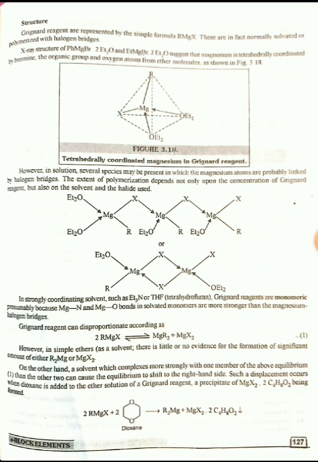Such displacement occurs when dioxane is added to an ether solution of a Grignard reagent, a precipitate of MgX2.2C4H8O2 being formed. The whole sequence can be presented as given below. So this was all about s-block.